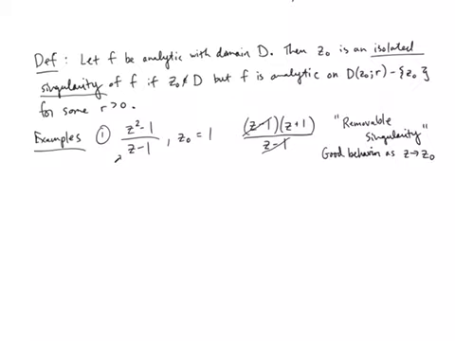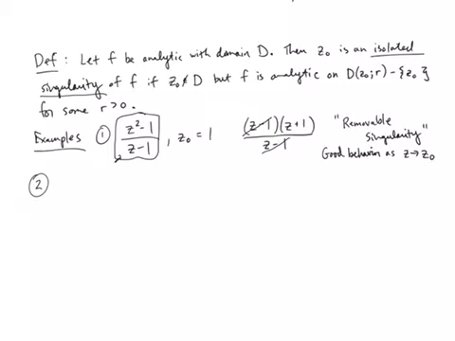If we were to take the limit of this expression as z goes to z0, we would get 2. So that good behavior allows us to extend the definition of our function to a slightly larger domain and bring z0 into the fold. So it's not really a singularity in some sense. It's only singular because we made a bad choice of how our function was defined. Okay, so that's the first case.